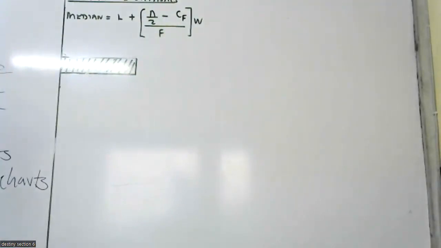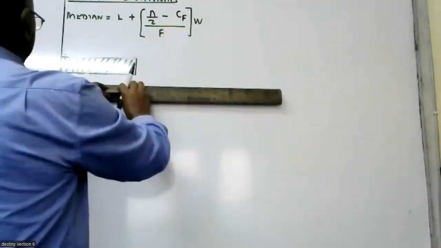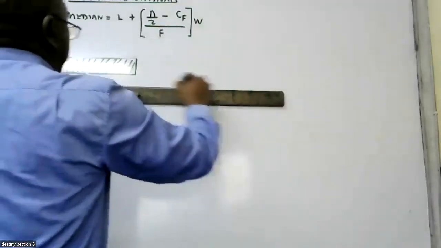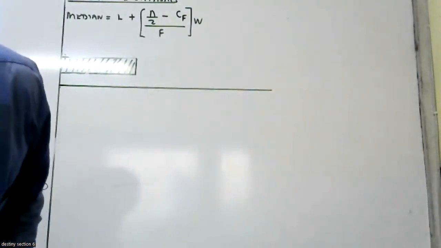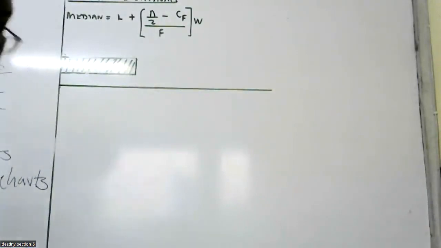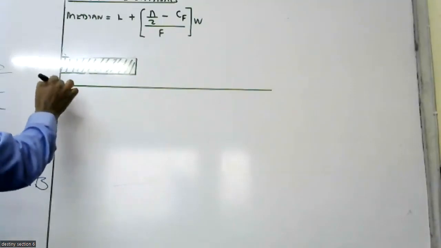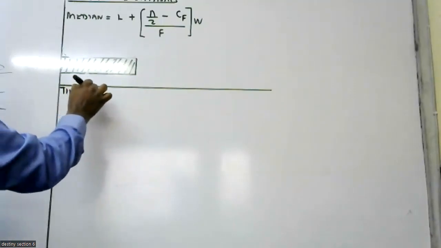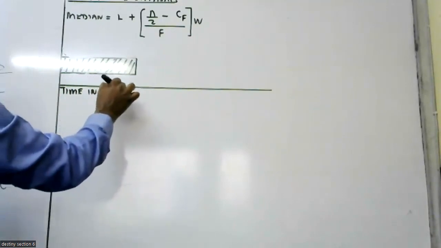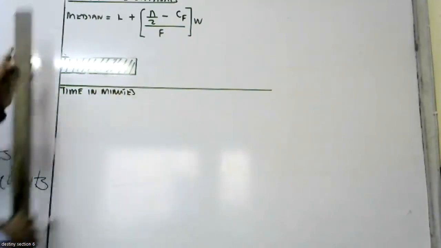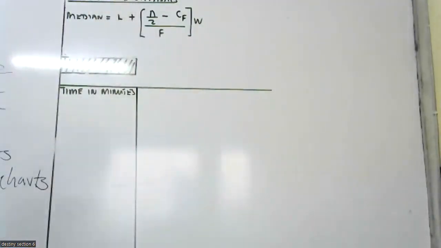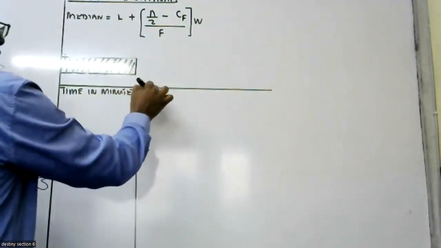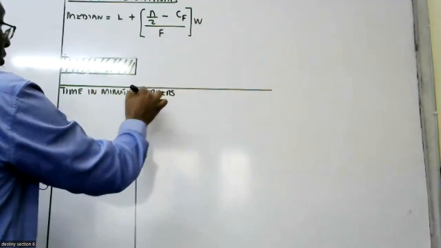So we will therefore need to prepare a table, where we have the time in minutes, then we will need the workers, and this is our frequency.